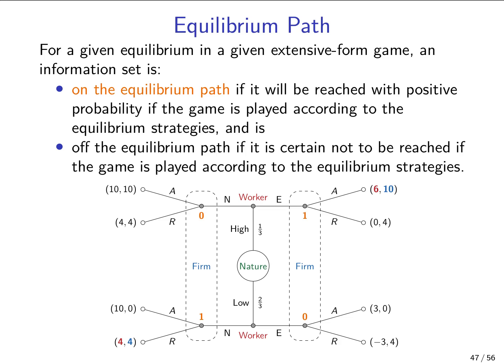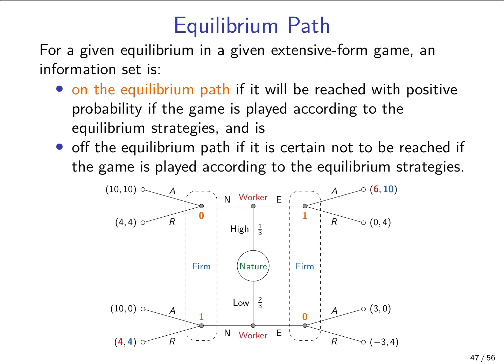So that's sequential rationality. We also need equilibrium to be consistent, and for that we need to distinguish whether an information set is on the equilibrium path or not. For a given equilibrium in a given extensive form game, an information set is on the equilibrium path if it would be reached with positive probability if the game is played according to equilibrium strategy.